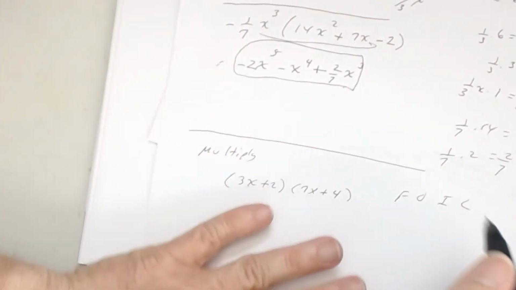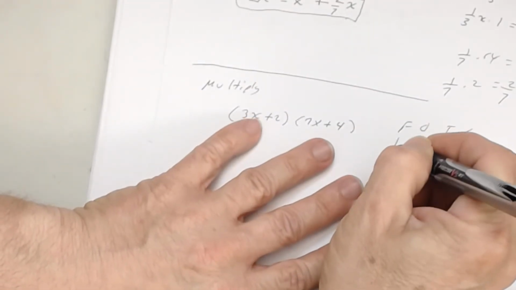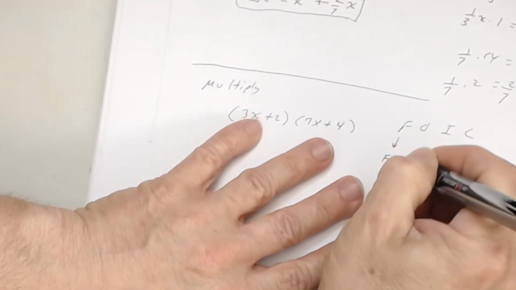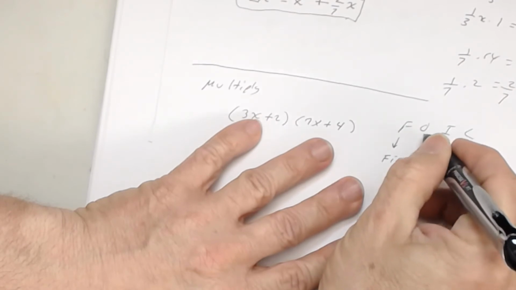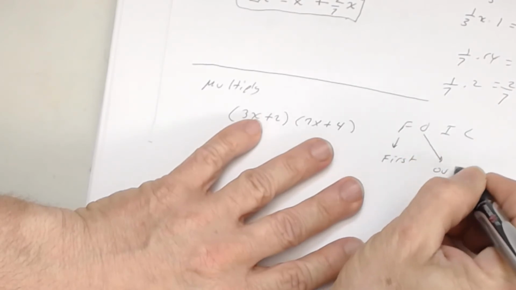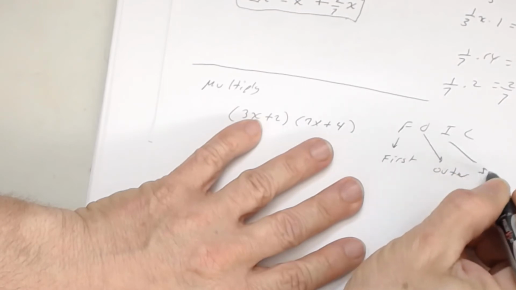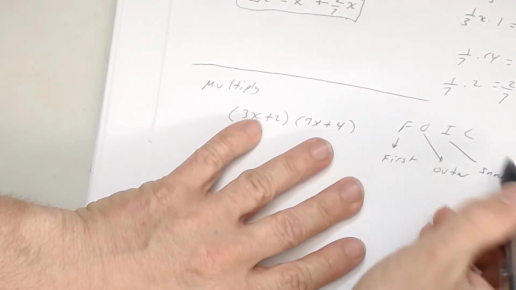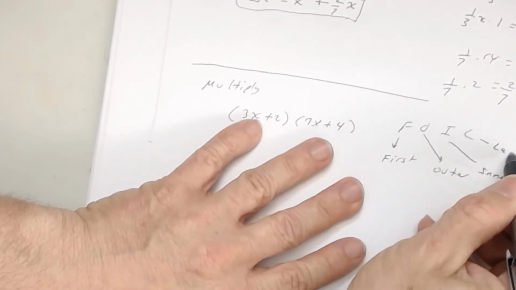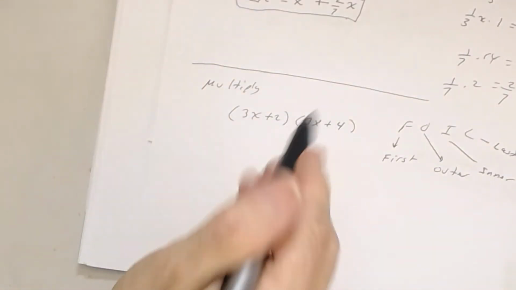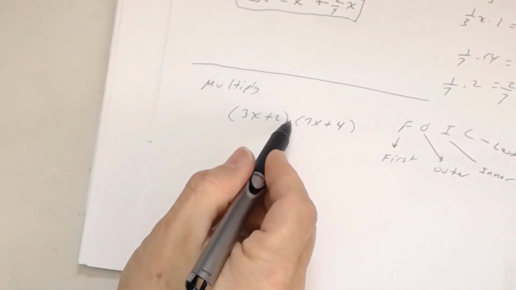F-O-I-L. So F stands for first, F-I-R-S-T. O stands for outer, O-U-T-E-R. I stands for inner, and L stands for last. All right. So when I say first, though, I'm talking about the fact, now remember this operation right here, what am I doing to those two binomials?